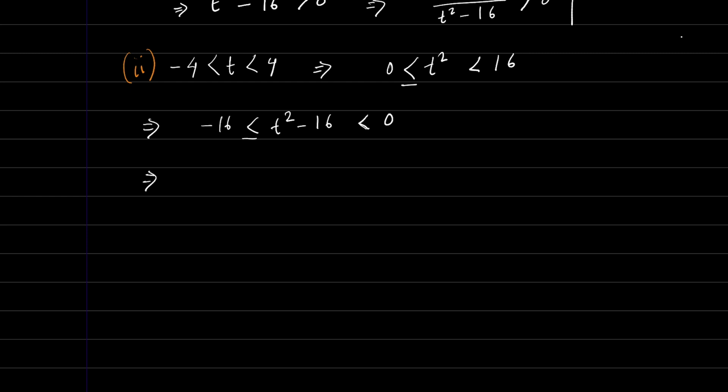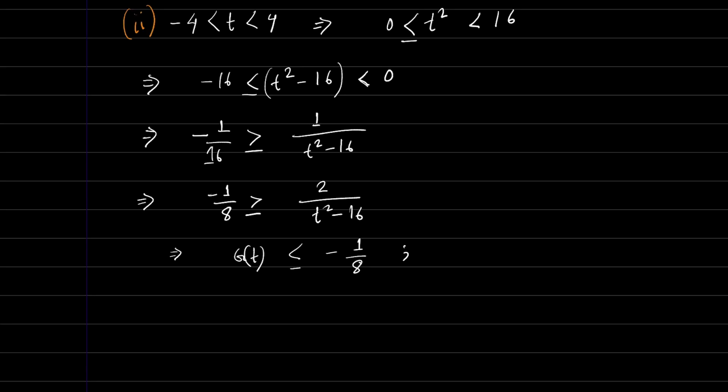We can see that t square minus 16 is less than 0 here. So if we take the reciprocal, the inequality sign should flip. 1 over t square minus 16 is less than or equal to -1 over 16. So from interval 2, we get g of t is less than or equal to -1 over 8.